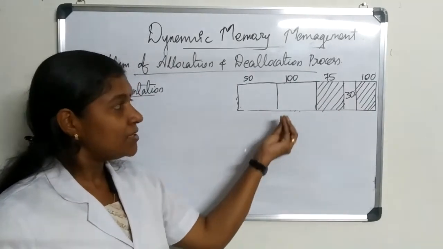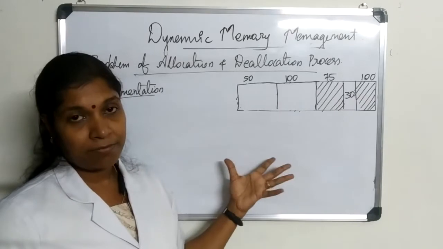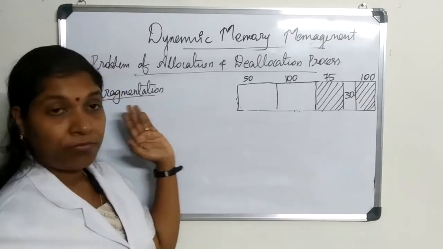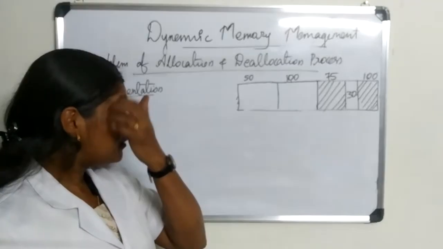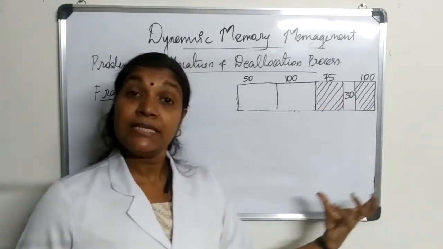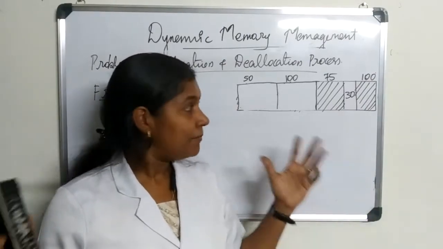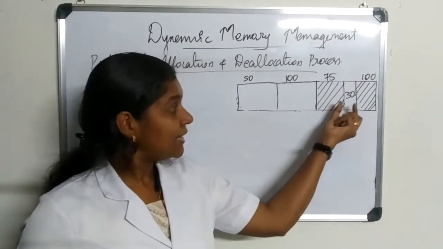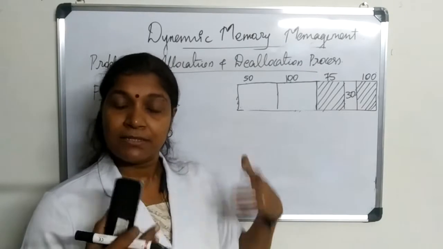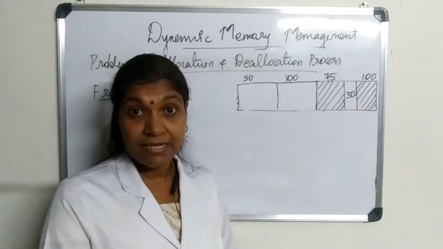If we take the total of all these holes together, it would be a huge amount, but as they are not available as a single block, the system would not be able to satisfy the incoming request.